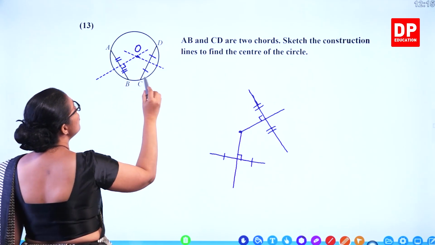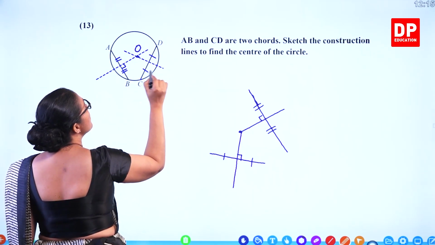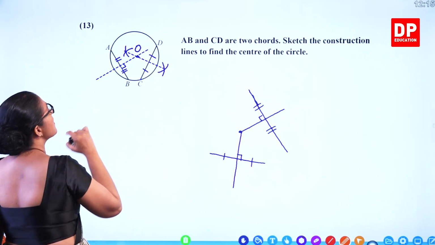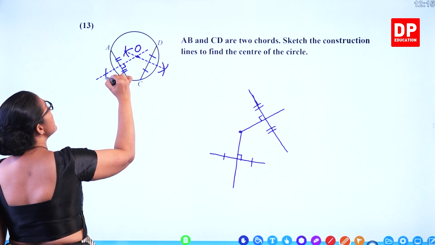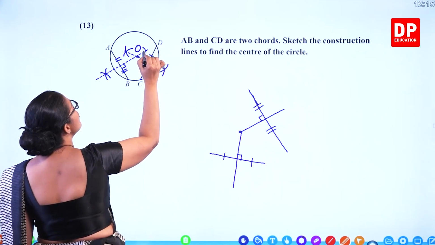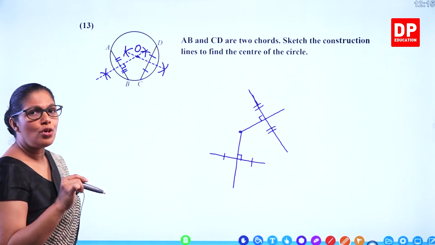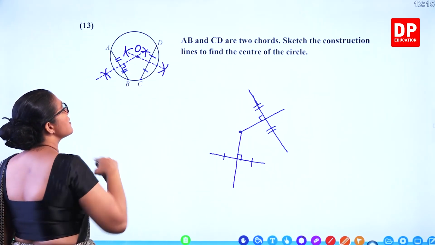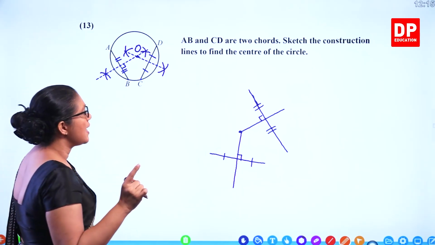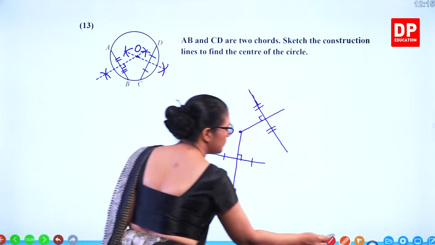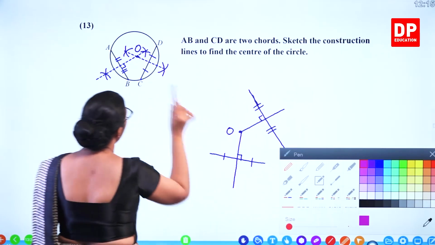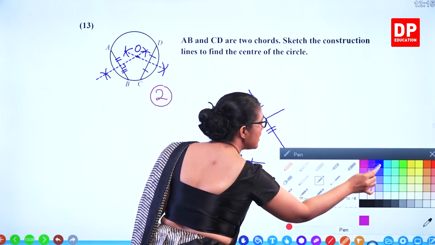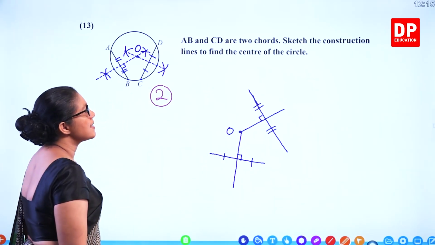Keep a compass here, draw arcs here. So you need to draw the construction lines. You can do the sketch only. You don't need to draw accurately, just draw the perpendicular bisectors and you can find out the center of the circle. So 2 marks for drawing perpendicular bisectors and finding the intersecting point as the center.